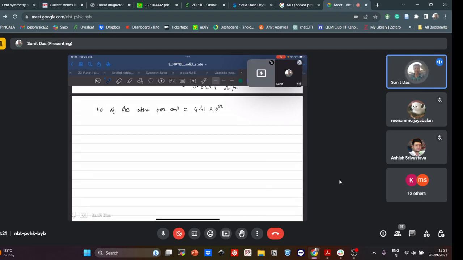So this is the germanium atoms per cm cube. And the donor impurity is given as one impurity atom per 10 to the power 7 germanium atoms.